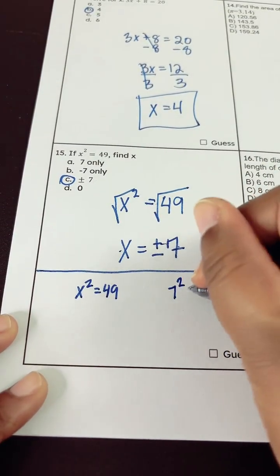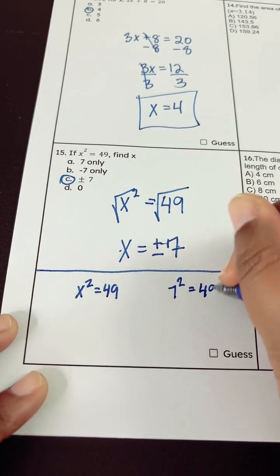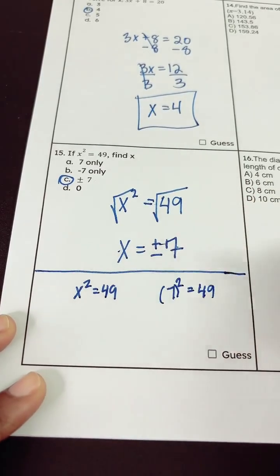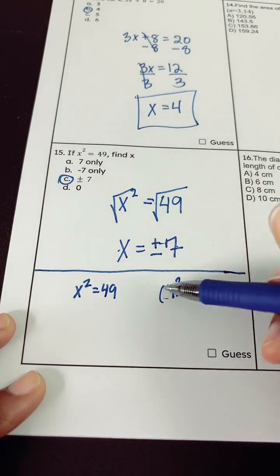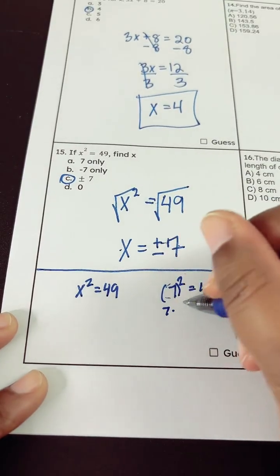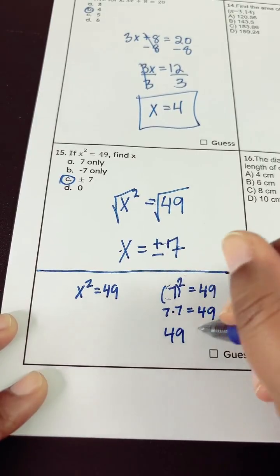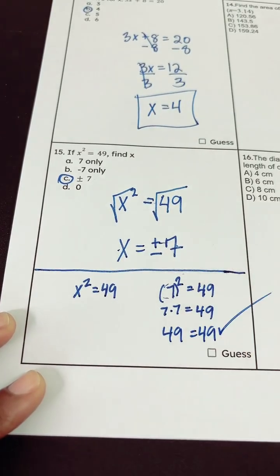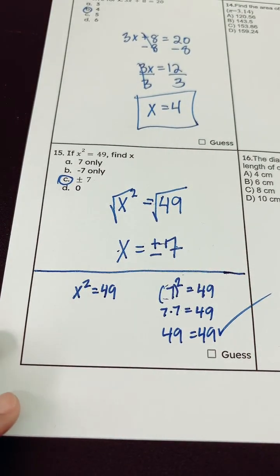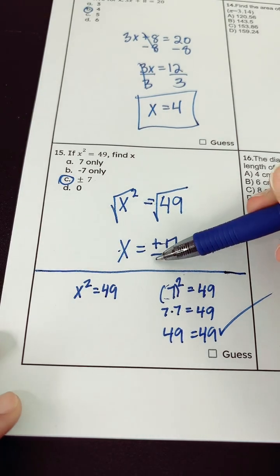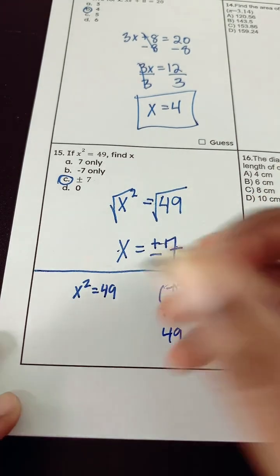Well, let's do it. 7 squared equals 49. Let me put it in parentheses. So 7 squared is 7 times 7. Well, 7 times 7, 49 equals 49. That's true. Perfect. Now let's plug in -7 to see if it's true, right?